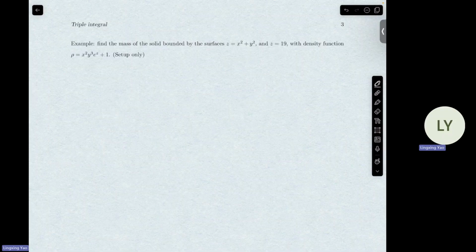All right, let's start to look at more examples, especially we want to focus on those problems where we need to set up the triple integral by identifying where the domain of integration, where the volume is.